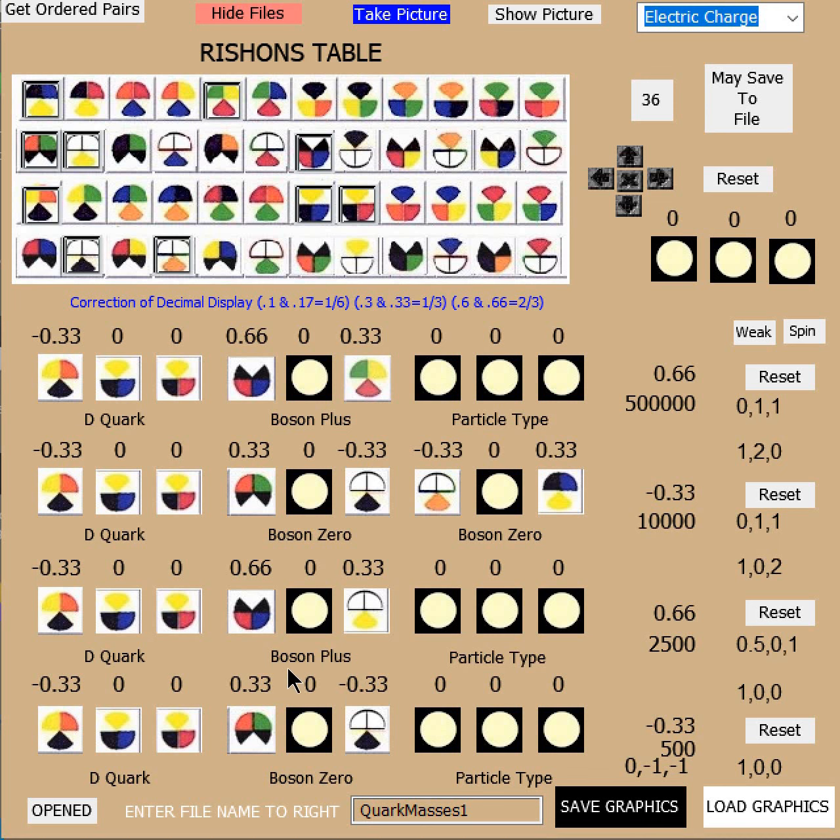But the electromagnetic factor changes this generic D quark into a generic U quark, and therefore we go from 500 to 2,500, a mass of 2,500 for the charm quark.